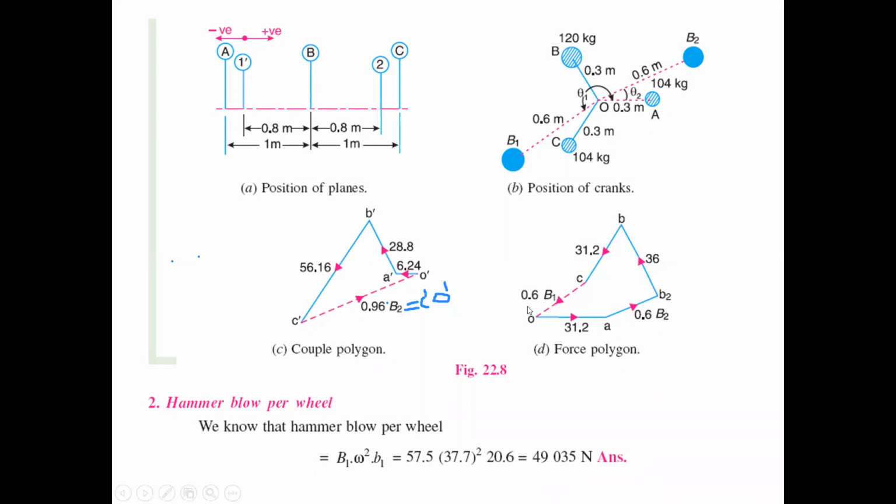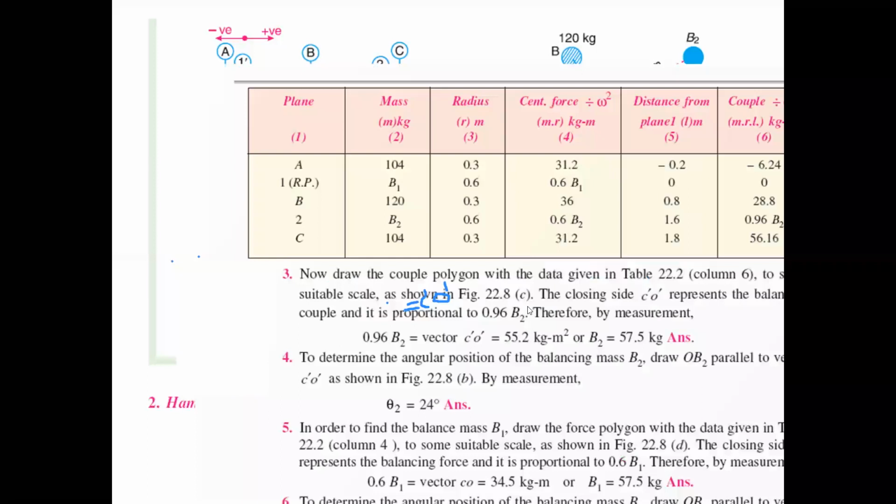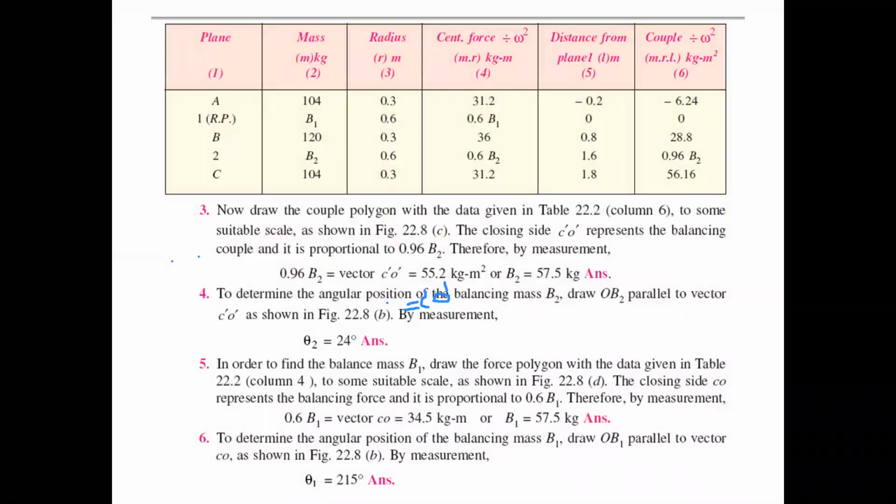In a similar way, we will find B1 and their direction will be present in our angular positions of the cranks. Just observe 0.6 B1 equals vector CO. The value of B1 is also similar to our B2 here, that is 57.5 kg, and their direction is different.